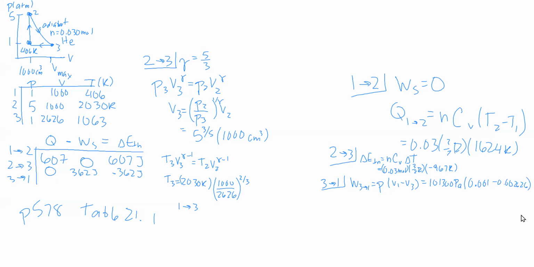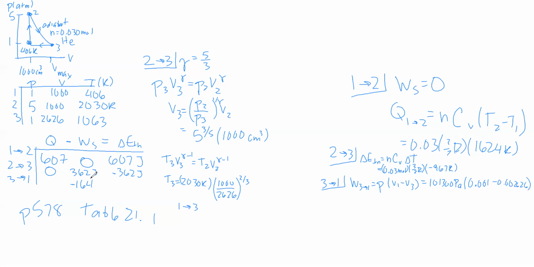So when I do that, I get an answer of minus 164. So I get minus 164 for the work done. That is a negative number. So, minus 164 joules. Because why does that make sense?